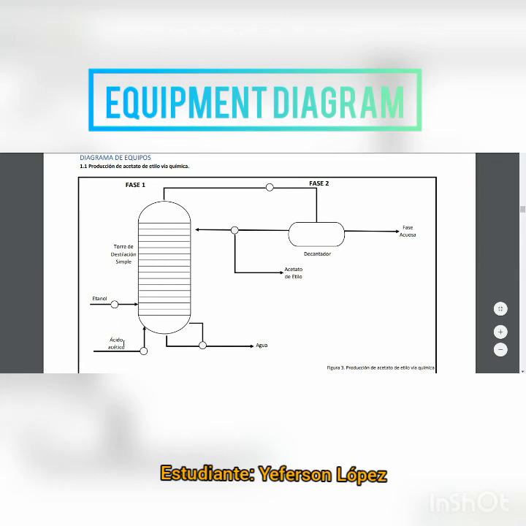In the second operation, decantation, we will add the mix obtained from the previous process, thus generating the aqueous phase and product phase mentioned in the previous diagram.